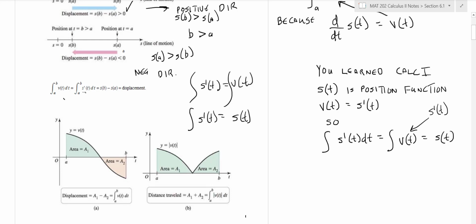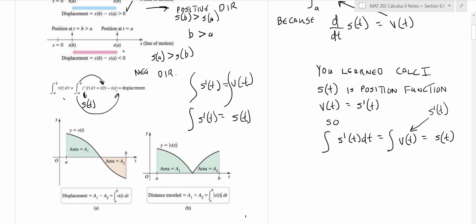So this just gives you s of t, and then remember, by the fundamental theorem of calculus, you just plug in the upper limit and the lower limit and subtract. So you're really getting the antiderivative, which is s of t, and evaluating it from a to b. On the integral, you do s of b minus s of a.